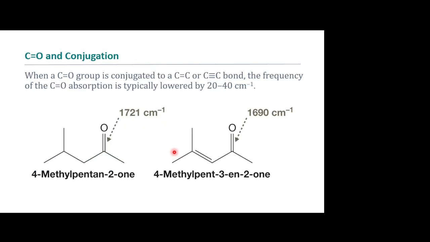All right, so let's talk about conjugation. When a CO group is conjugated with a C=C or C triple bond, the frequency of the CO absorption is typically going to be lowered by 20 to 40 wave numbers. What did you notice about our carbonyl in the previous example problem? It was lower than it should have been, right?